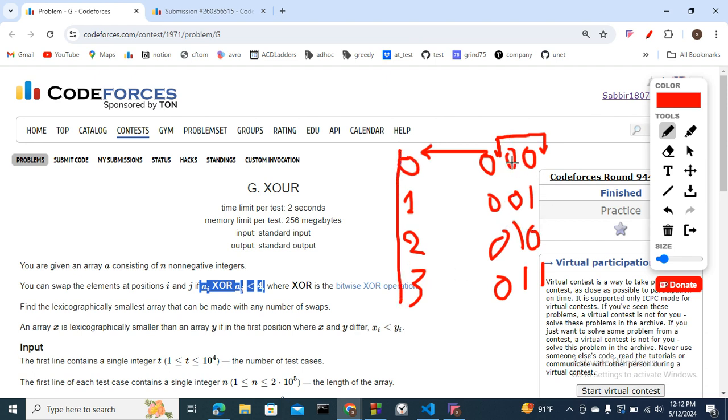If we consider 0 and 3, their XOR will be 11, which is 3. If we consider 3 and 1, their XOR will be 2. So if we take any two elements from this, we always get an XOR less than 4.